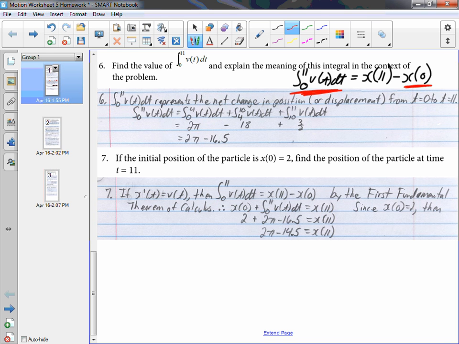We found out in number 6 that the integral from 0 to 11 of v of t dt is 2 pi minus 16.5. So simplify that, and we have x of 11. Isn't it just crazy how it all ties in together?